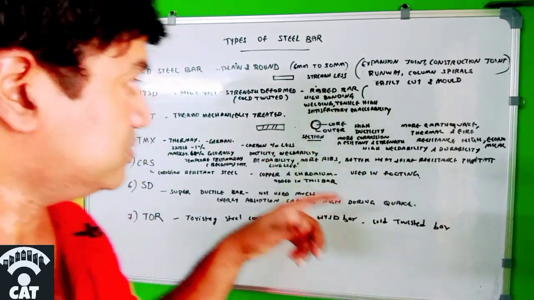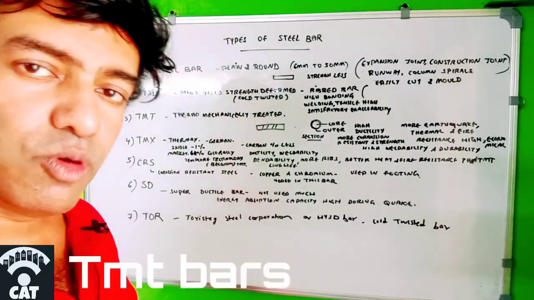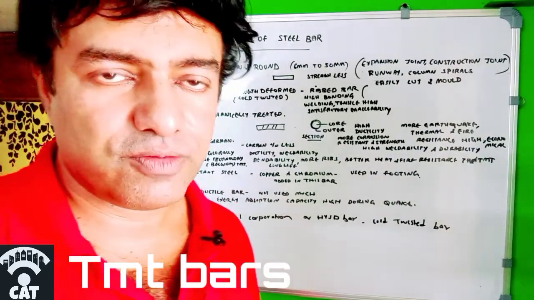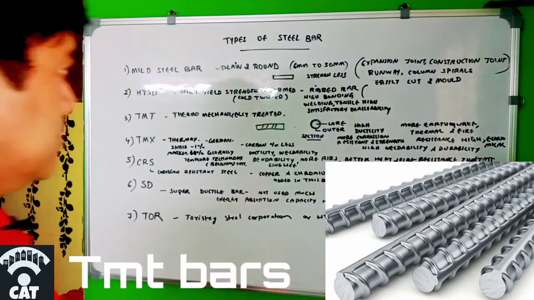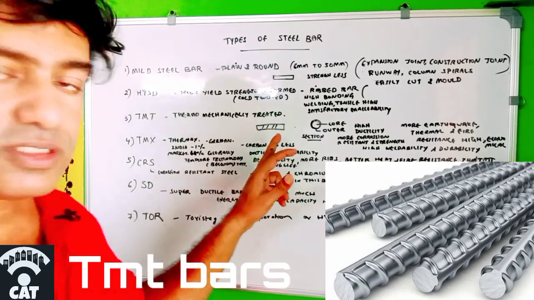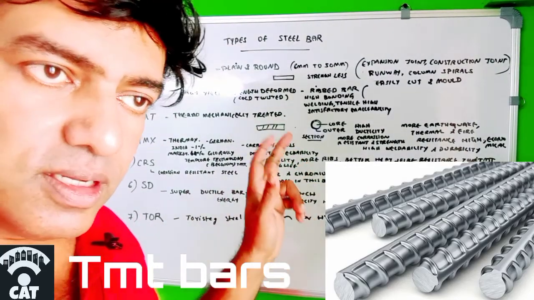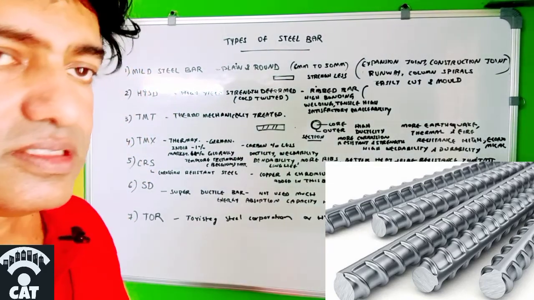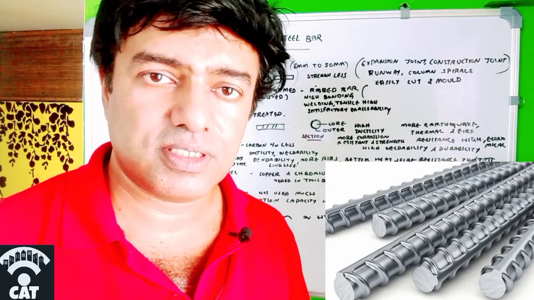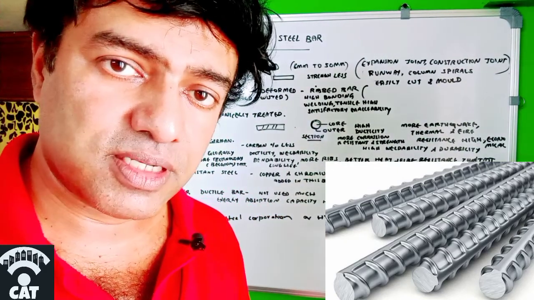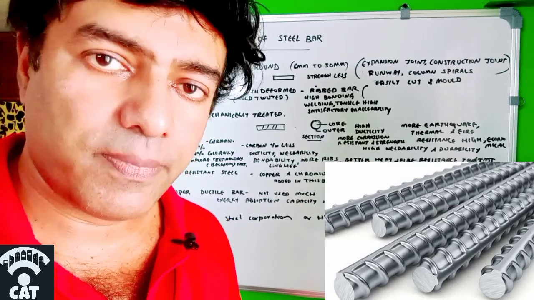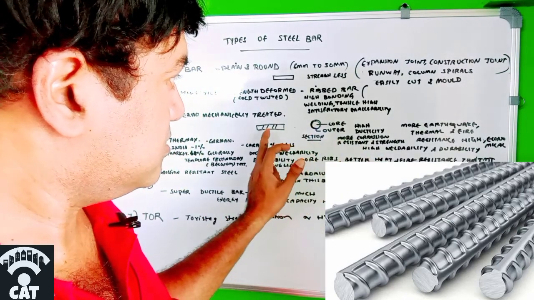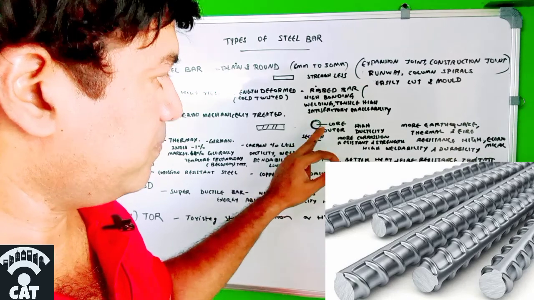The third one is TMT, the thermomechanically treated bar, which we are using widely in India. This is also a rib bar, and the process is such that at high temperature it is suddenly cooled. This is a section of that bar.